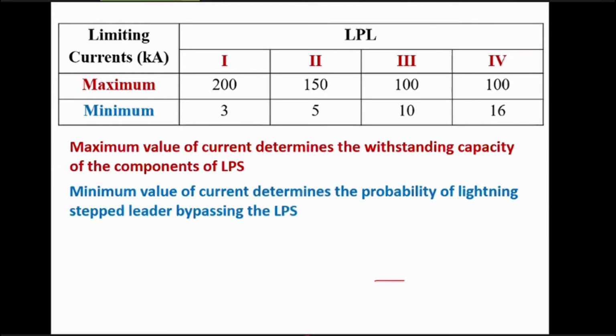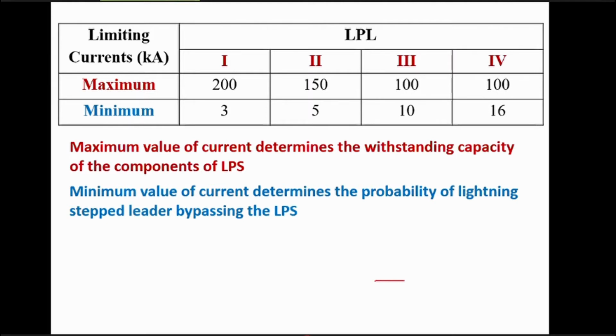And there's a minimum value as well. What does that mean? It says what is the minimum current that a given lightning protection system can interact with.